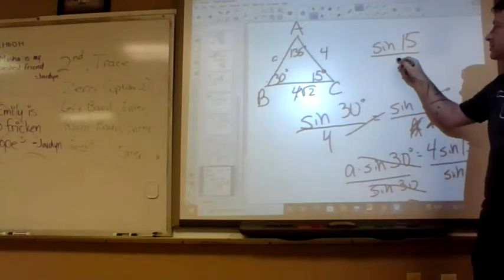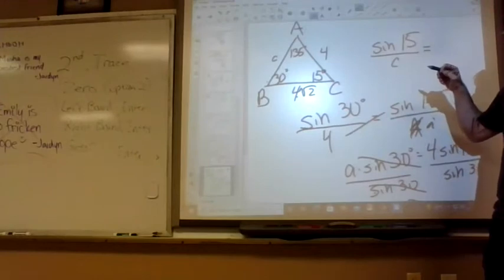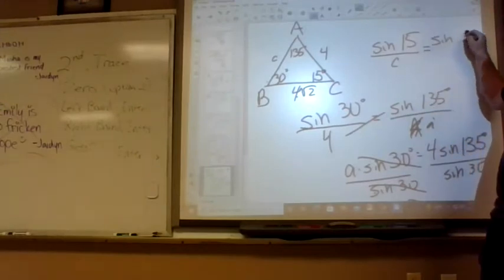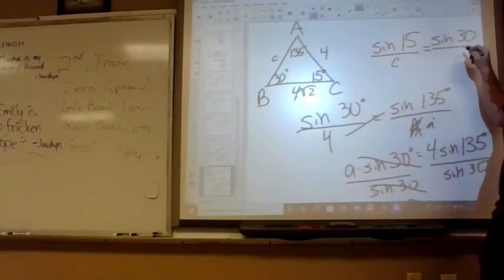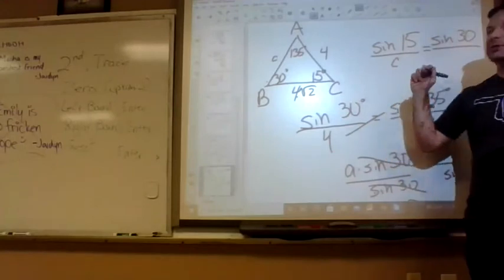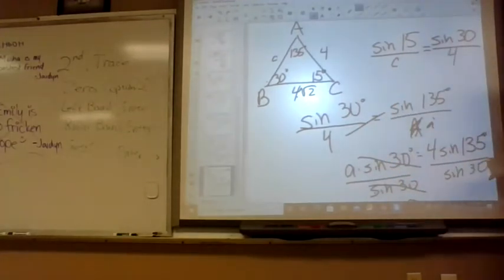Over C equals, hold up, sine 30. Yeah, it doesn't really matter. Something ain't right. It's pretty hilarious. It's so much weirder. And you just plug that in or what? Well, you can't plug that in.